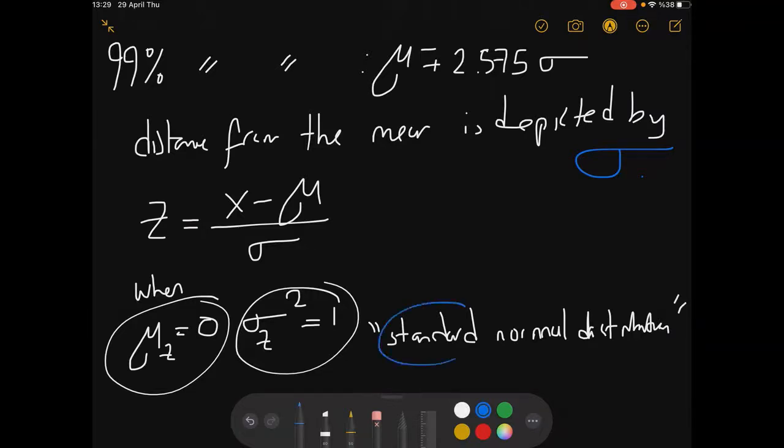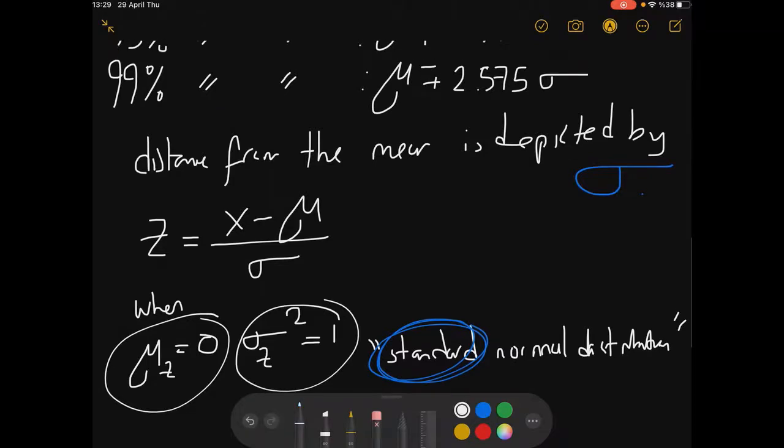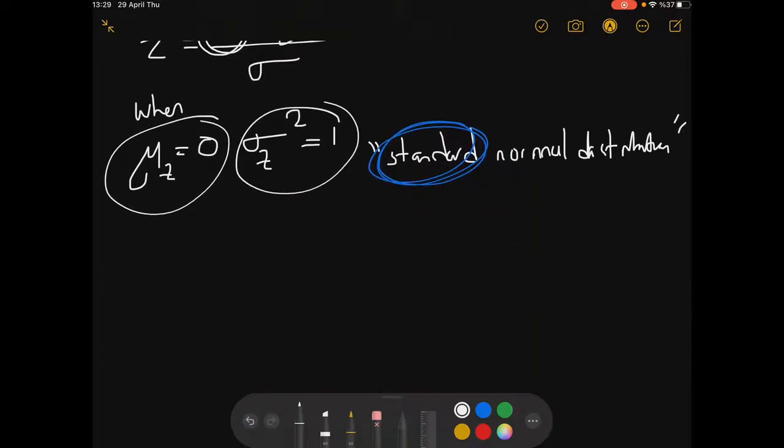Okay, it is called standard normal distribution. That's the idea. So in this sense, you can transform any type of your distribution here into standard normal distribution to make calculations easier for you, because the F(z), the area under the curve, can be calculated with this function.